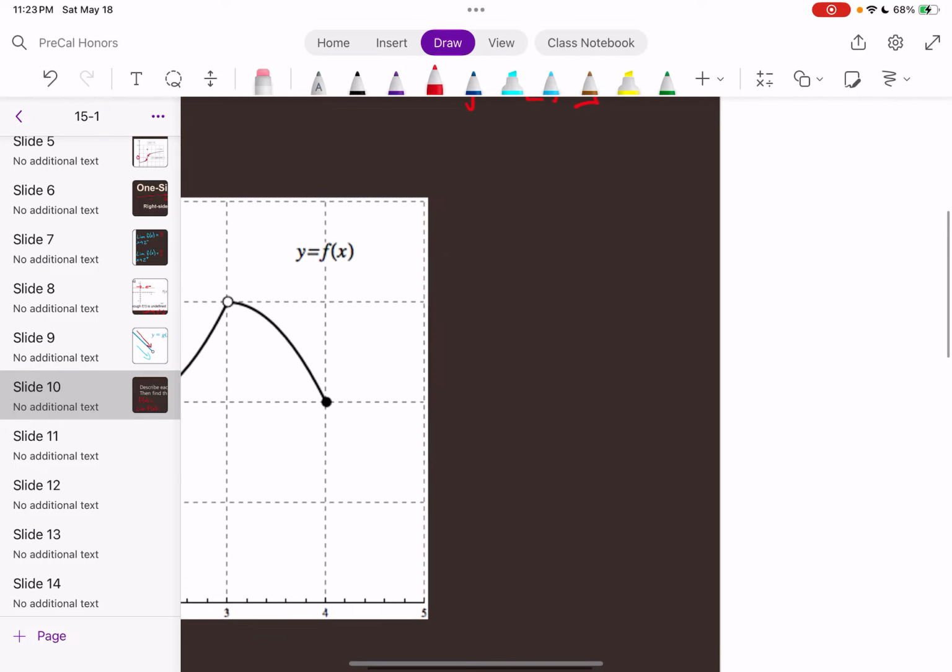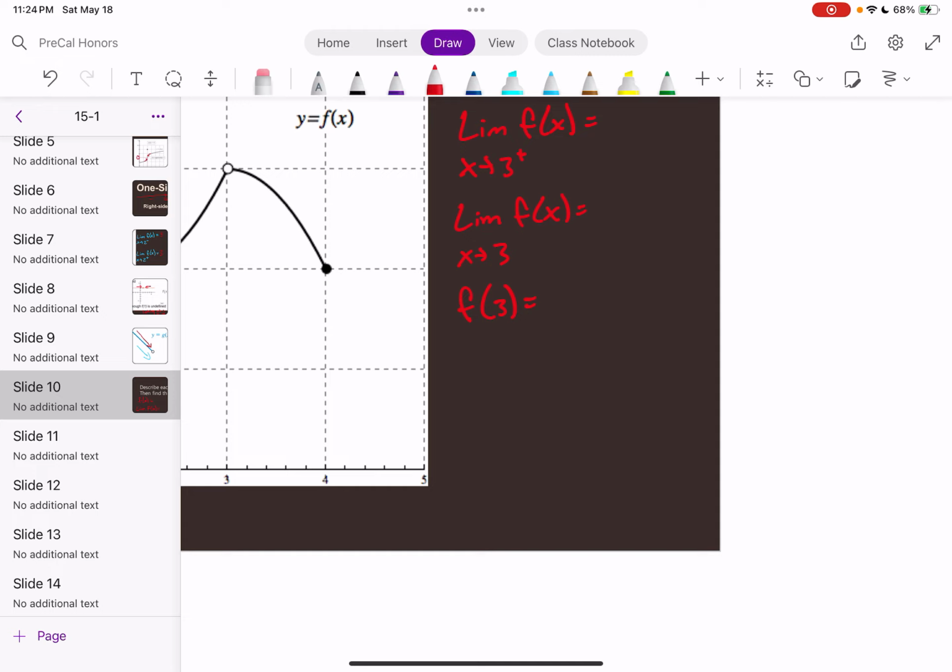We would continue on with 3. The limit of f of x as x approaches 3 from the negative side, the limit of f of x as x approaches 3 from the positive side, the limit of f of x as x approaches 3, and f of 3.